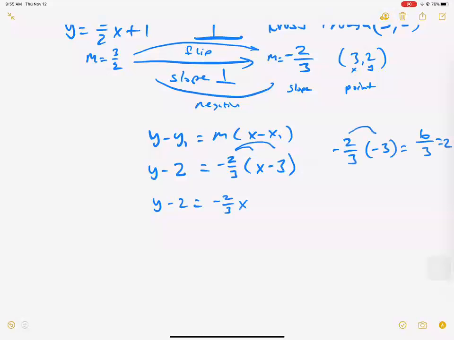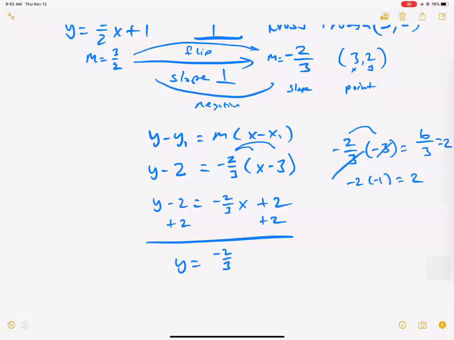That's 2, plus 2. Or if you want, you can divide out the 3's, and we're left with a negative 2 and a negative 1, which still gives me 2. Both ways work. Almost done. I'm going to add 2 to both sides because they want slope-intercept form. y equals negative 2 over 3x plus 4.